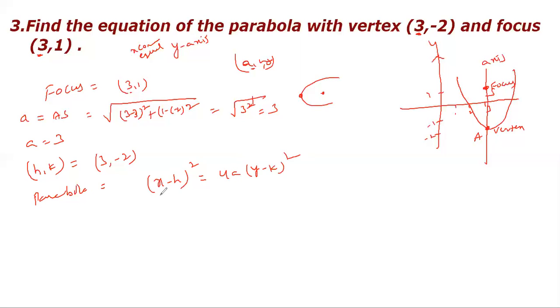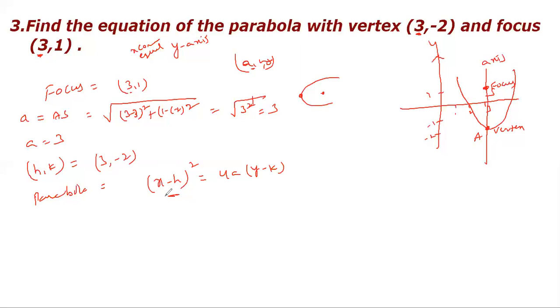Why am I taking x minus h whole square? Already I said the x coordinates are equal, that's why x minus h whole square. If the y coordinates were equal, then we would take y minus k whole square.